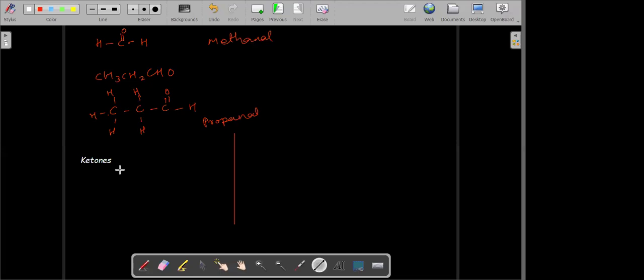See ketones, the functional group of the ketones is C double bond O. This is what you have in ketones. The ketones are named as alkanone. To name them, we use alkanone, and it is necessary for a ketone to have carbon atoms on both sides. So on both sides of this carbon, there should be a carbon atom only. Then only it's a ketone. So if you have C double bond O, with carbon on both sides, now it's a ketone.